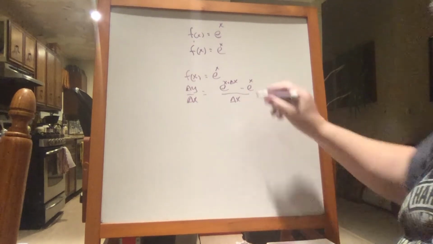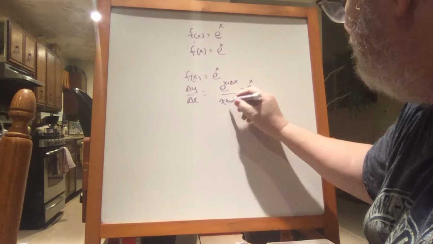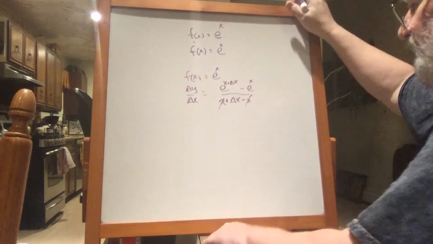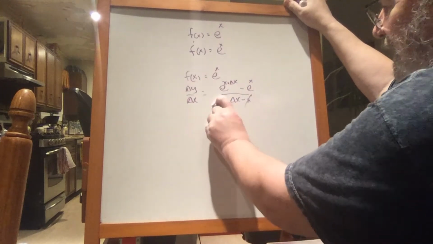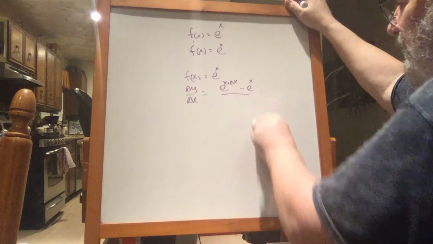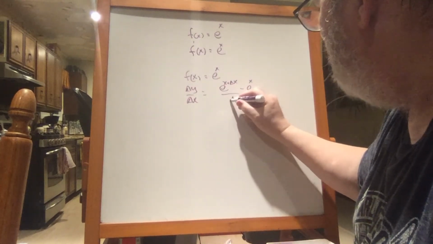And now we take the limit. Well, x plus delta x minus x, but then these cancel out, and you are just left with delta x. I skipped a step there, and I don't usually like to do that, but last time I didn't skip that step.